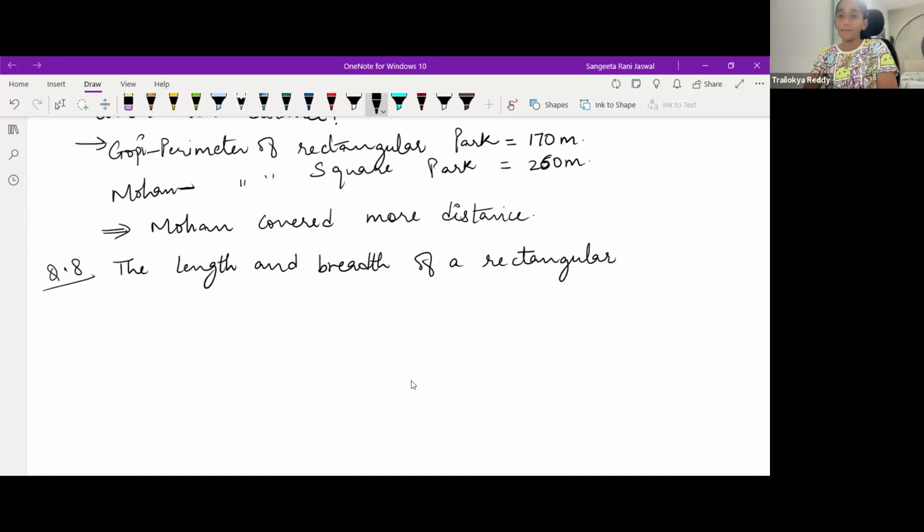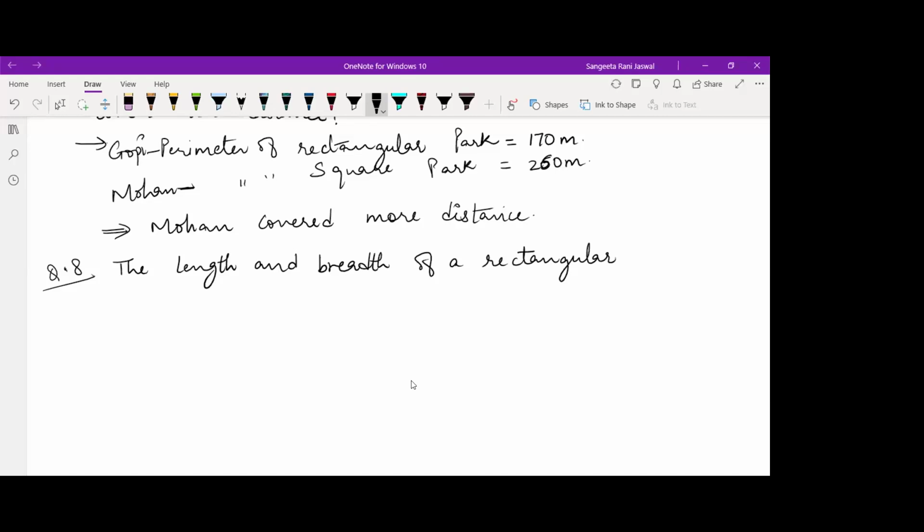Okay. The length and breadth of a rectangular field are in the ratio of 3:2. In the above question, the ratio question, we had done with the triangle. Now this is a rectangular field. Length and breadth are given in the ratio form.